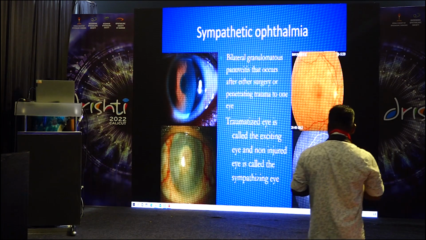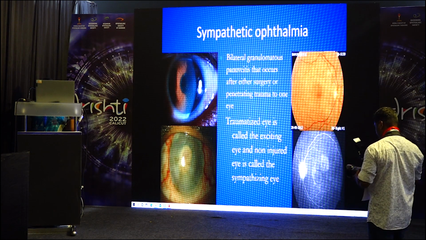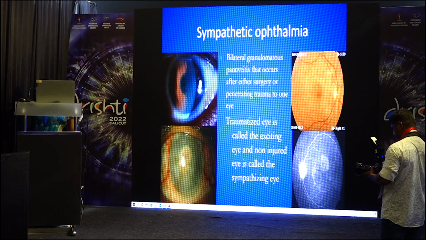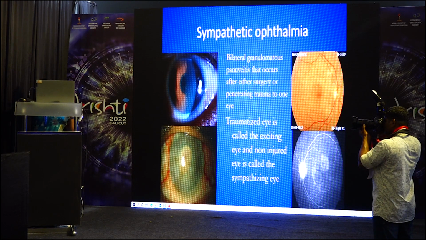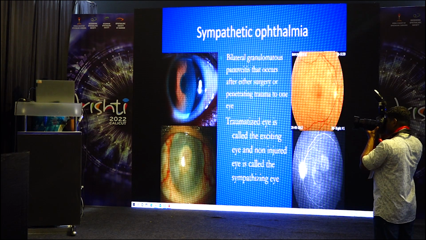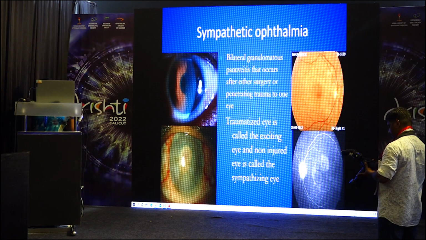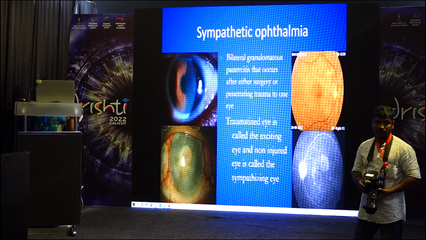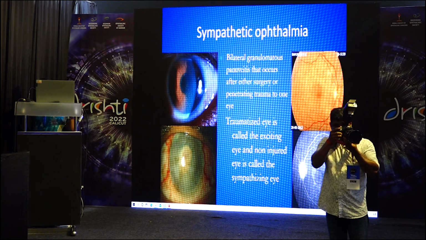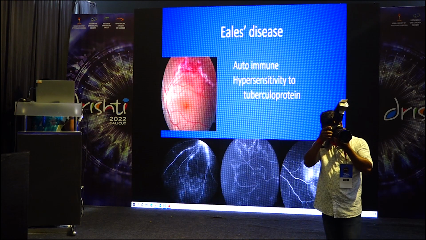Examination of the other eye is also very important because this is a case of sympathetic ophthalmia. The presenting eye had a bilateral granulomatous panuveitis, but the other eye shows evidence of old trauma. So the traumatized eye is called the exciting eye and the non-injured eye is called the sympathizing eye.